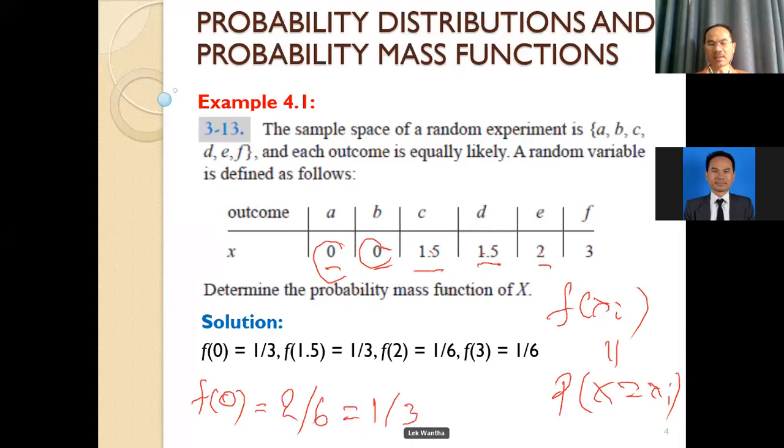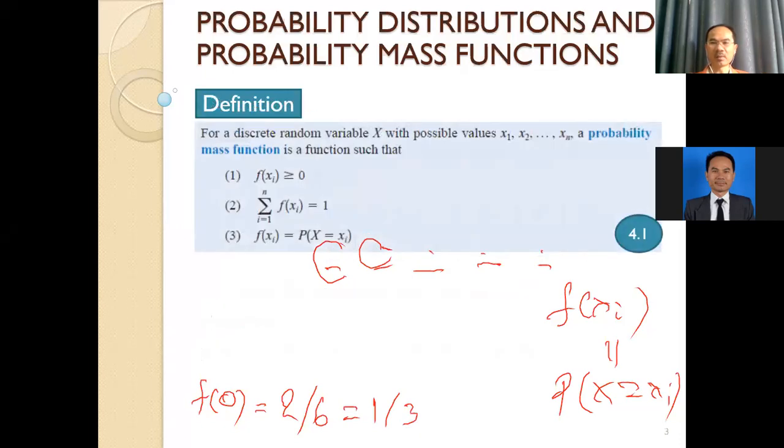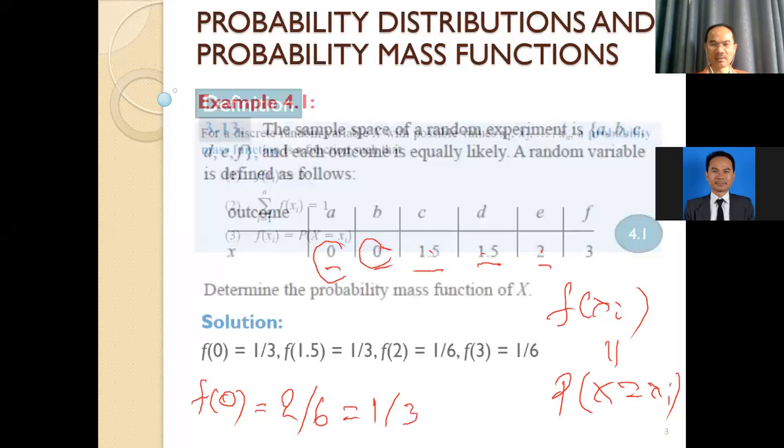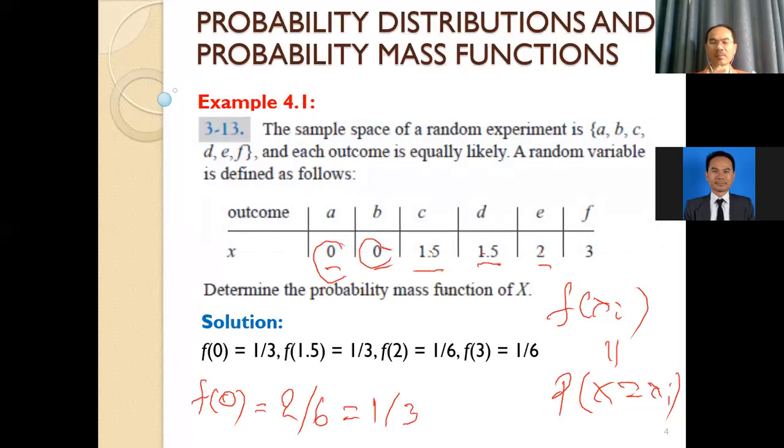This is the probability mass function. The probability mass function at x equal to 0 is 1 over 3, or 2 over 6, because we have 2 zeros from 6 values. This is the probability that X equals 0. This is the meaning of it.